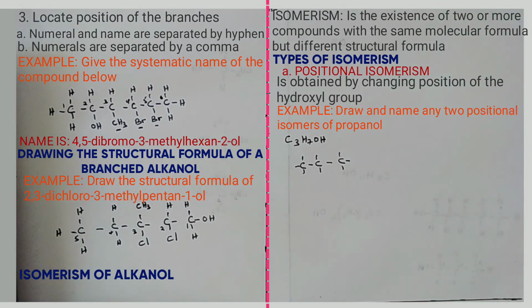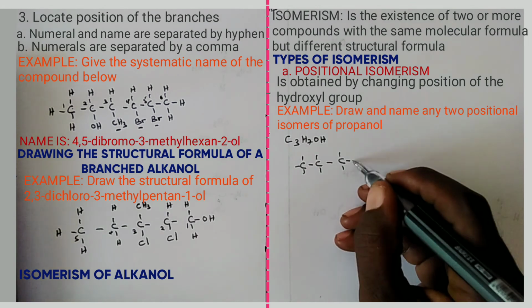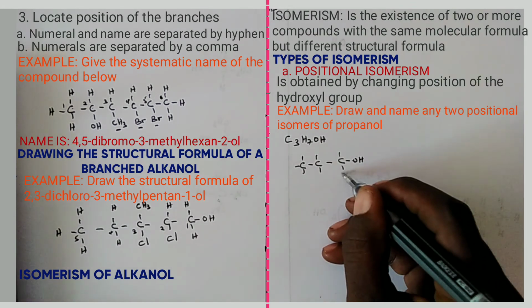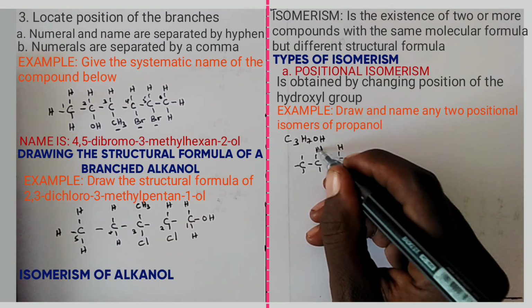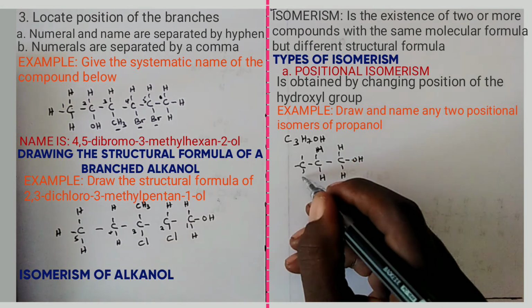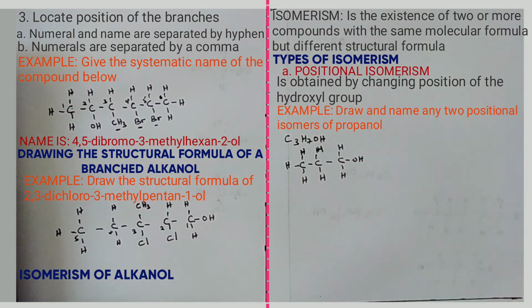For the first isomer, I place the hydroxyl group on this end, OH, and the rest becomes hydrogen atoms. So that one I call propan-1-ol.